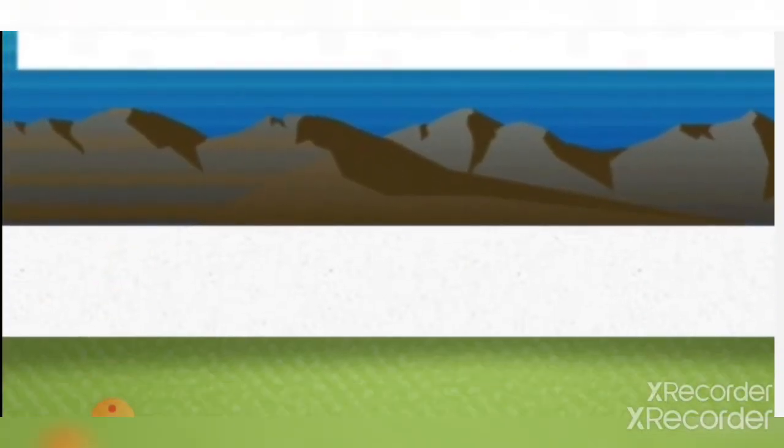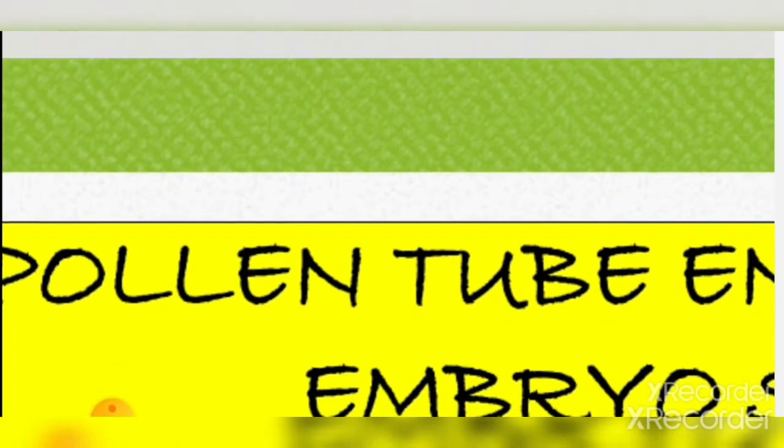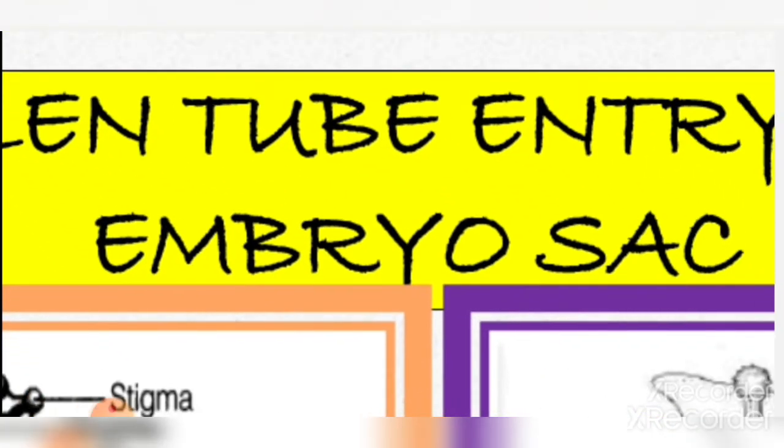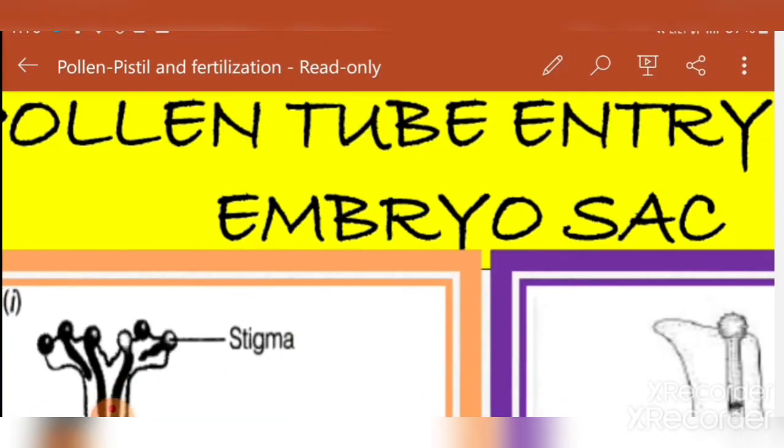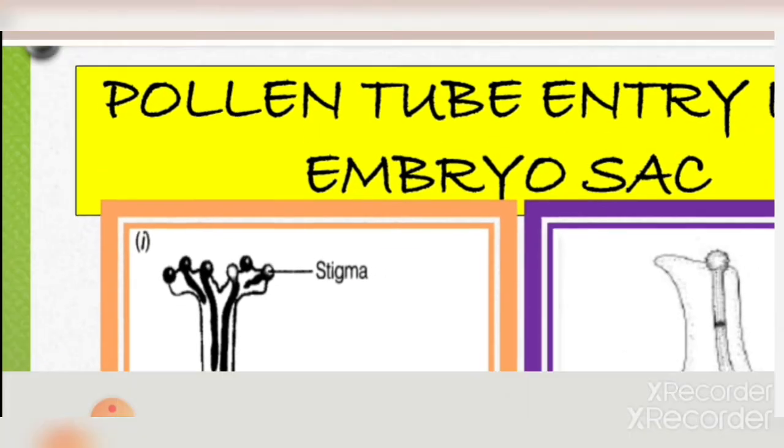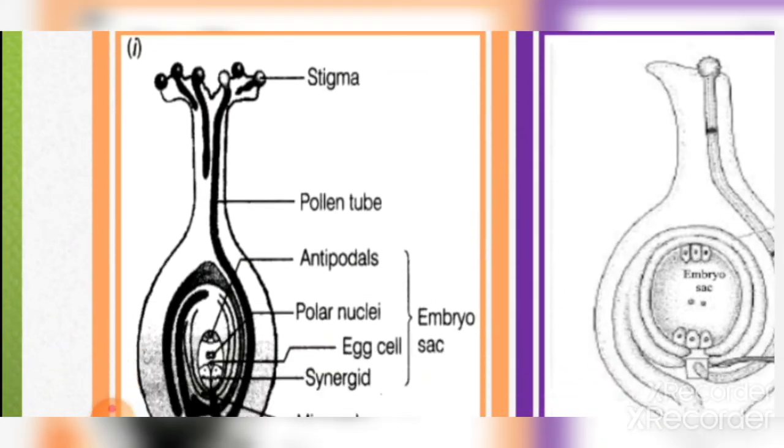Now let's move to the next slide. Now you see here the pollen tube. Are you able to see here? The pollen tube is entering into the embryo sac. See here very nicely, the pollen grains have landed on the stigma, and the pollen tube is elongated, and that is actually the male gametophyte, which has the two male gametes.